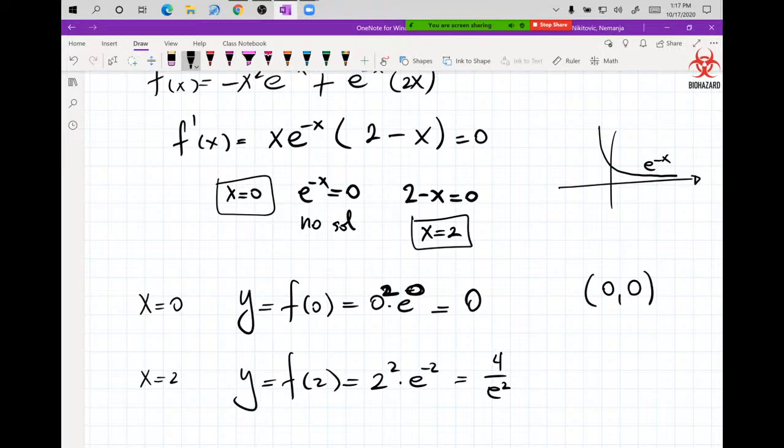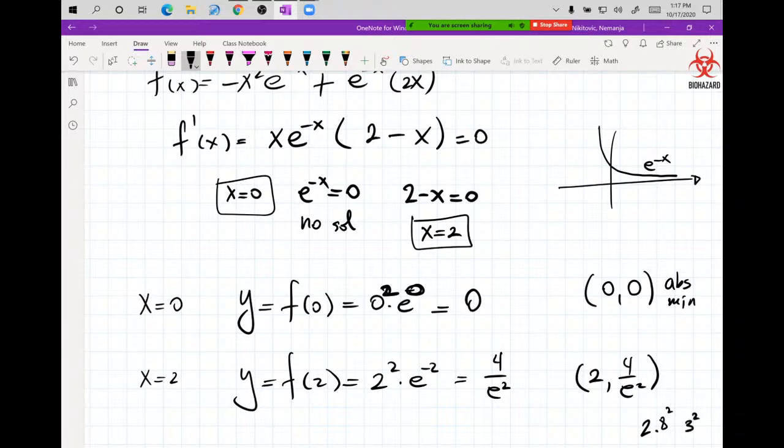Now 4 over e squared is going to be a positive number still. So 2, 4 over e squared. I immediately know this is my absolute min because 0 is the smallest y value. And then again, e squared, that's squaring let's say 2.8 squared.